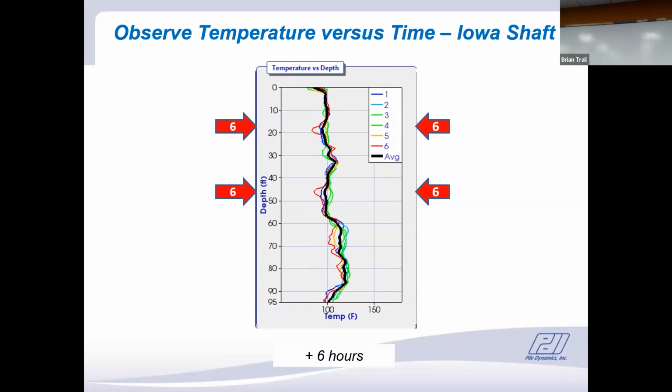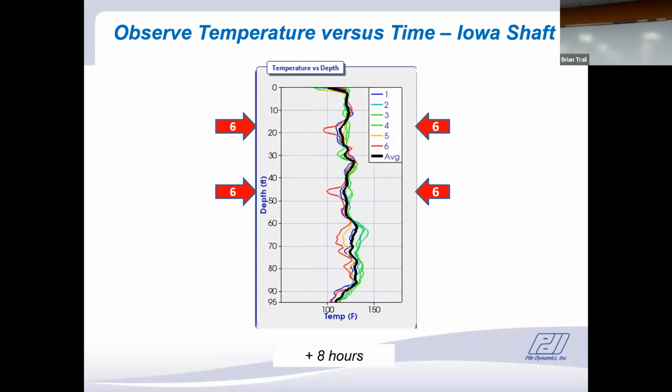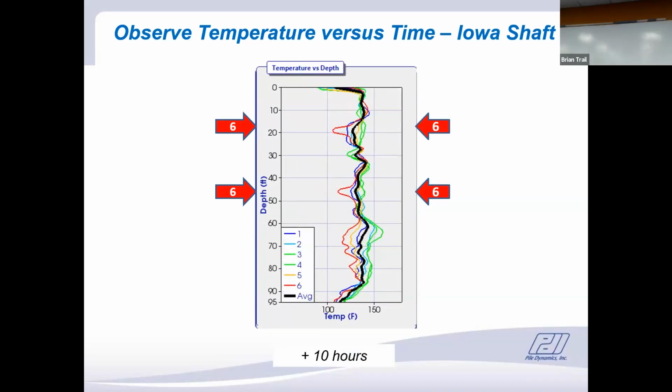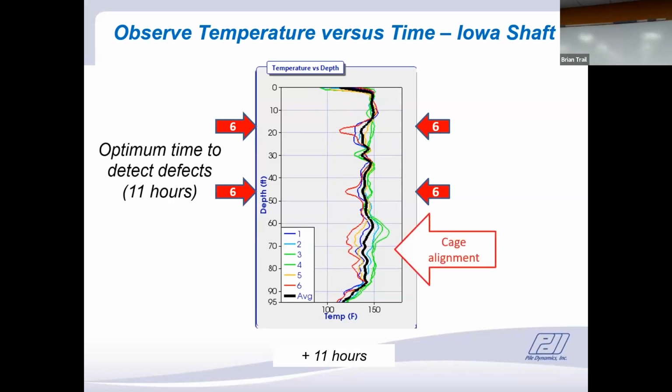Now we'll just let it go, and every hour, these are by hour, and you can see very clearly those 2 defect locations. We have the sand up here, and we have the concrete cylinders down there. At 11 hours, that's when we could see them the best, which means the difference between the low temperature here and the average is the greatest.